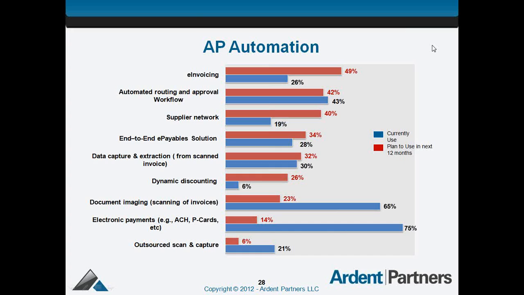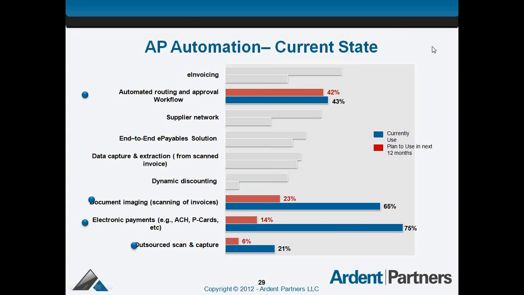And now, just to talk about the current state again in terms of AP automation, this next chart shows where organizations are focused at the moment and where their capabilities in terms of automation are. And a key capability is, of course, the automated routing and approval workflow, and one that already many organizations have, about 43%, but also one that shows a lot of interest over the next 12 months.